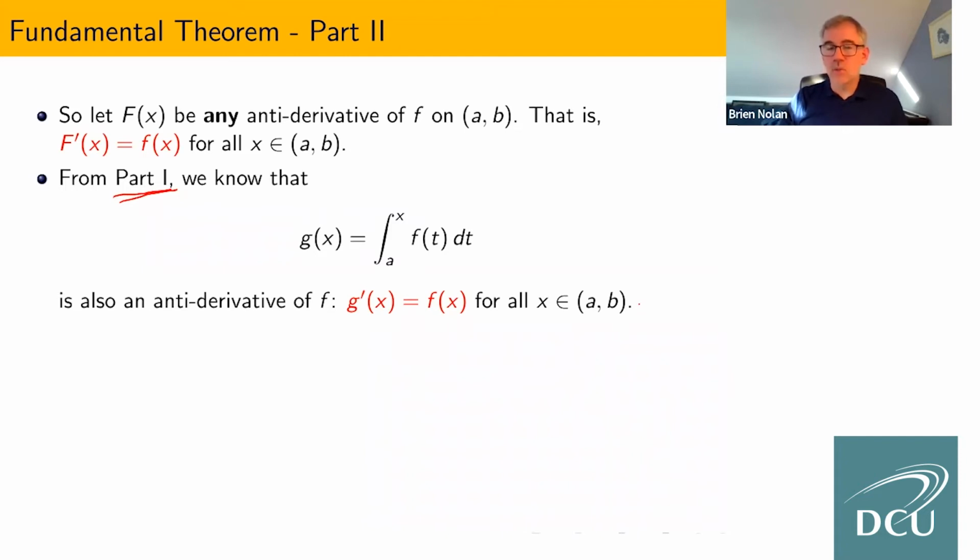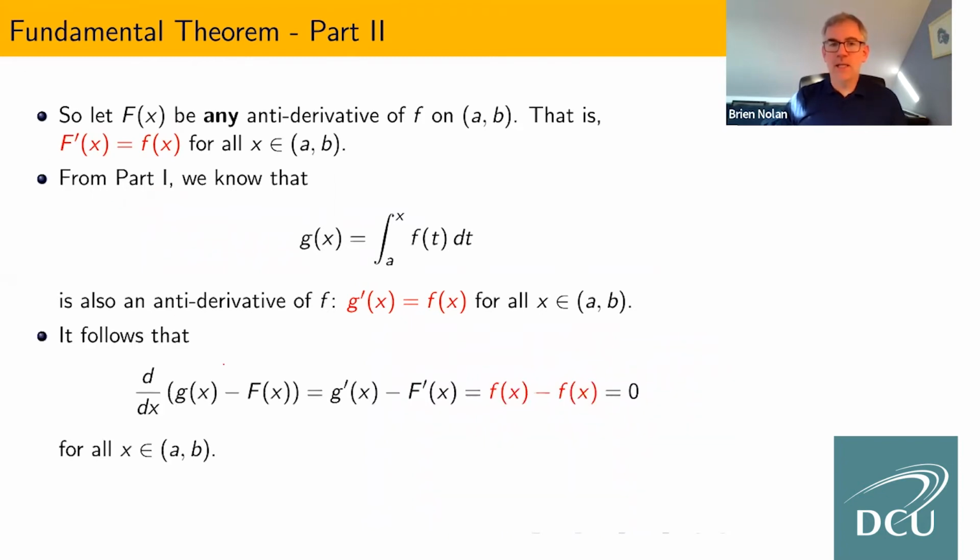So we have on the one hand that any antiderivative of little f, by definition, satisfies capital F prime equals little f, whereas this area function g also satisfies the same equation. Its derivative g prime is equal to little f. So if I look at the derivative of the difference, little g minus capital F, what will that equal?